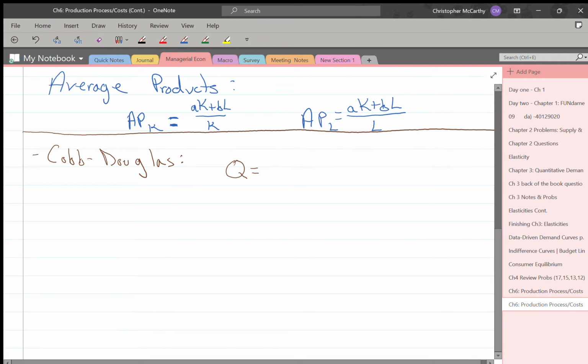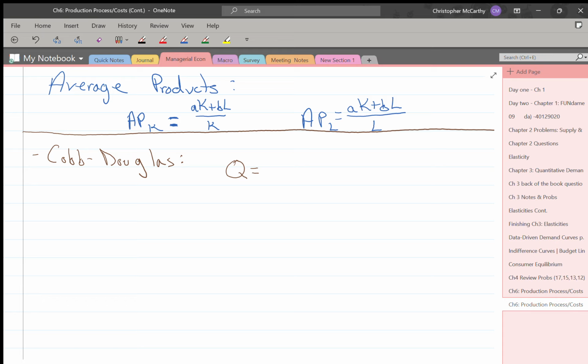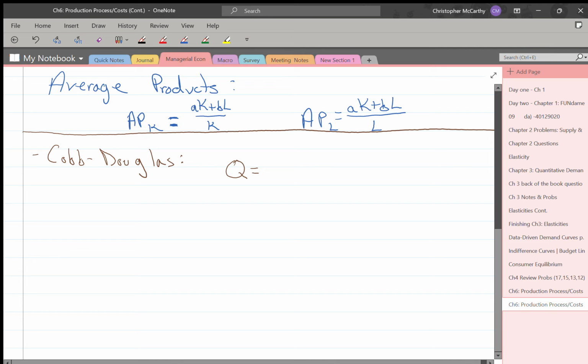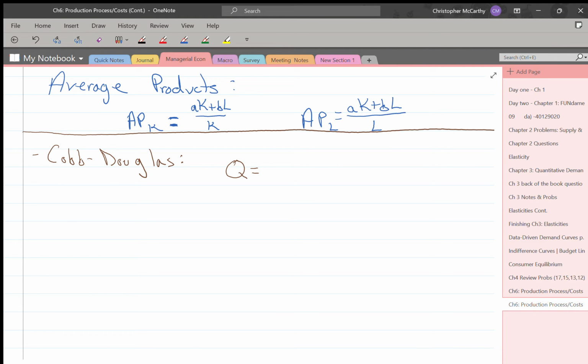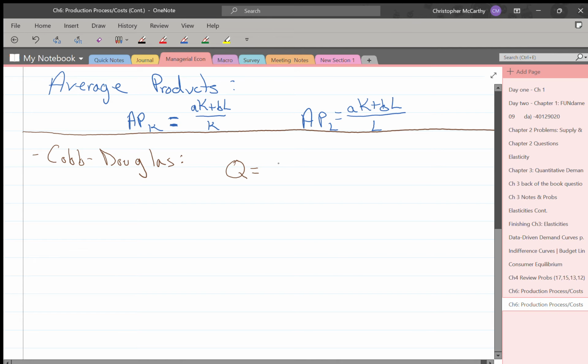Just write it down on your own, and then I'll come around. Excellent. You're absolutely correct. It is K to the A power times L to the B power. Each of these exponents we know is less than 1 and greater than 0.